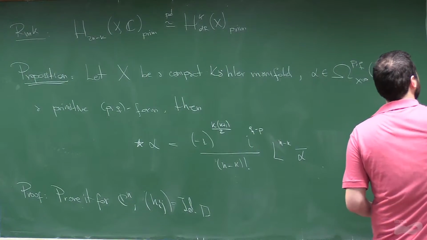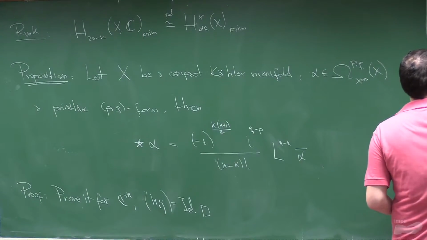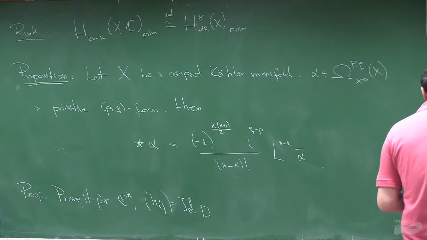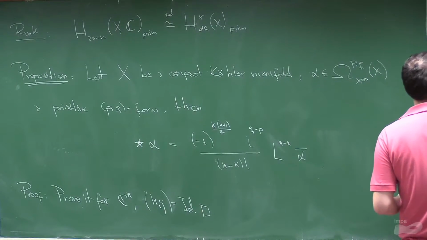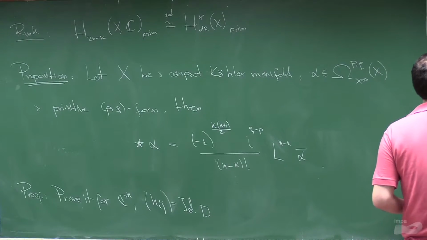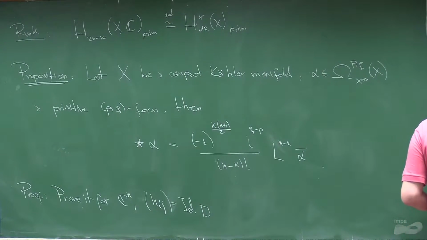So now definition. Okay, let X be a compact Kähler manifold of dimension n with associated (1,1) form omega.